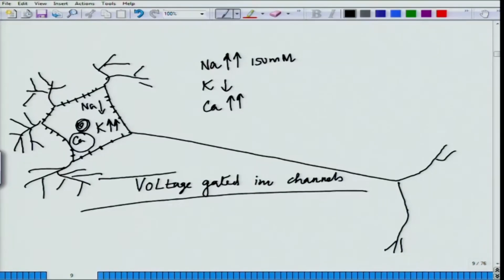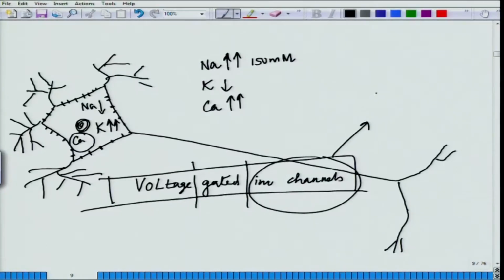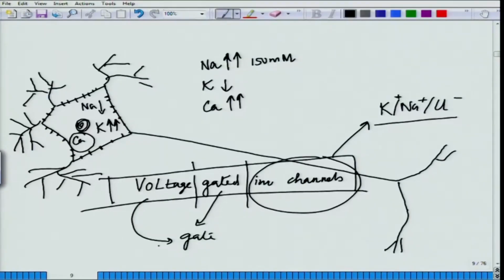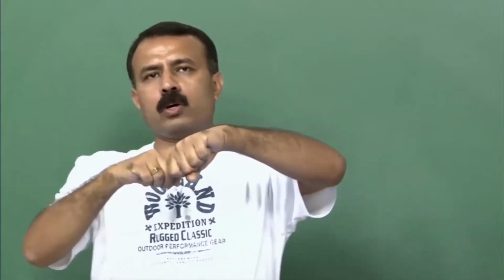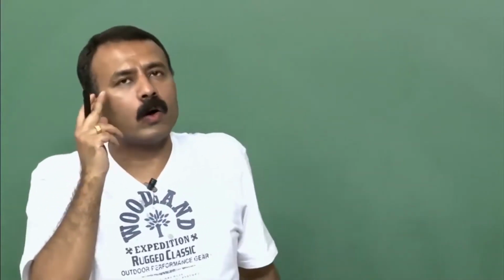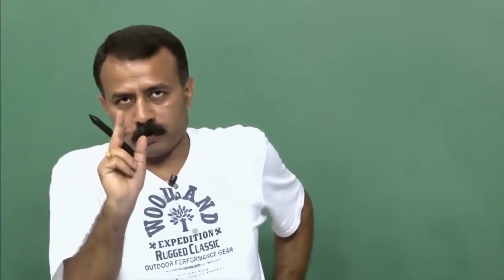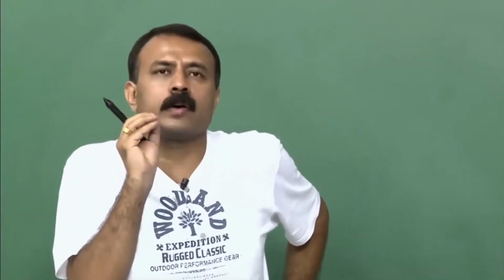If you break the word at a specific point: ion channels, channels which promote the movement of ions like potassium, sodium, chloride. Gated means there is a gate, and voltage gated means it is the voltage which helps them to open or close. So, in other words, within the cell there is a whole bunch of ion channels whose opening and closing will depend on the voltage across the membrane. This is the very core understanding of it.